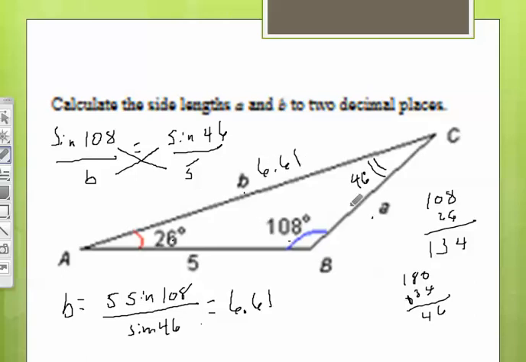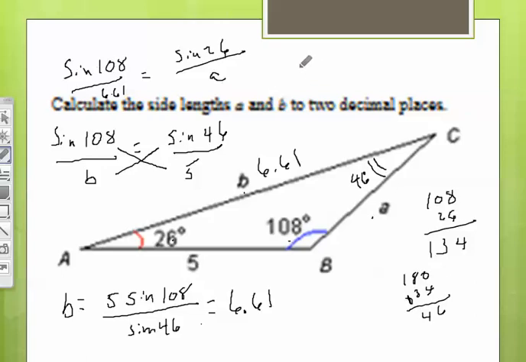Now, if I wanted to find side A, I could do the same thing with it. I could set up sine 108 over 6.61 is equal to the sine of 26 divided by side A. Now I can do the same cross multiplication, same thing that I was doing before, right?